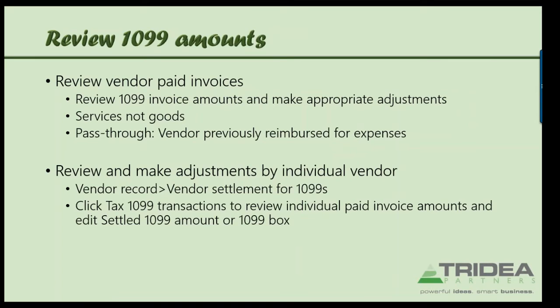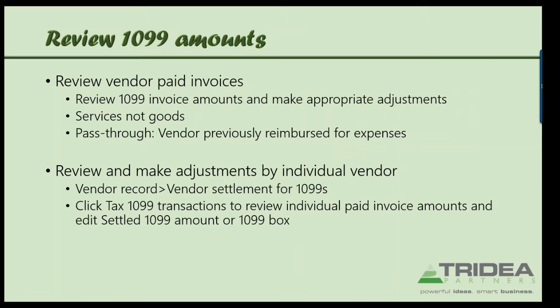Now, at the end of the year, when the AP department is reviewing all the paid vendor invoices, this is after all the invoices have been posted. So we just looked at how the 1099 amount is captured during processing. And now we're going to discuss reviewing those invoices.